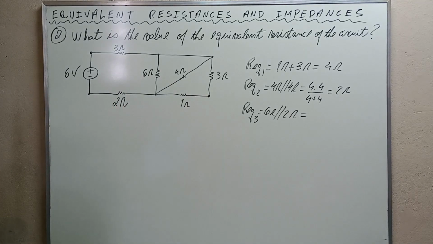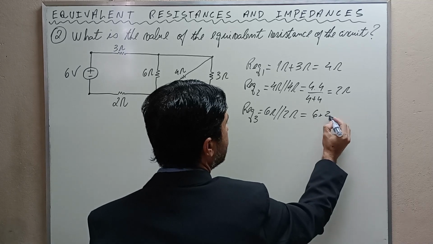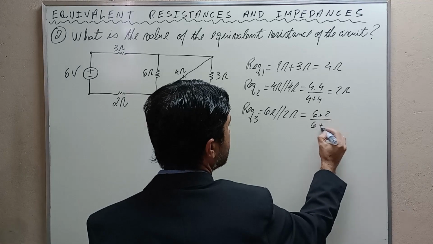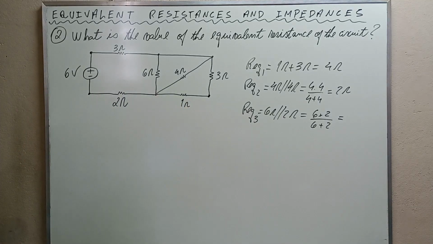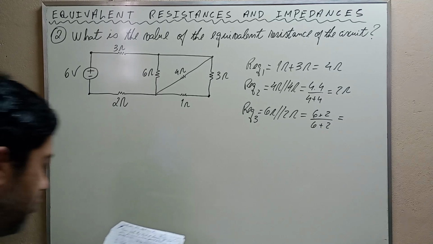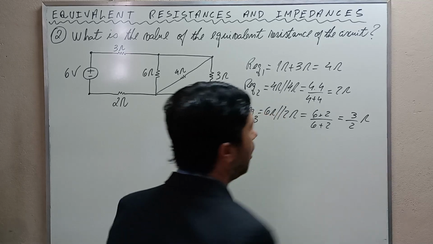The rule of thumb is the product over the sum. Thus it is 6 times 2 divided by 6 plus 2, and this is equal to 12 over 8, which can be further reduced to 3 halves. Alright?